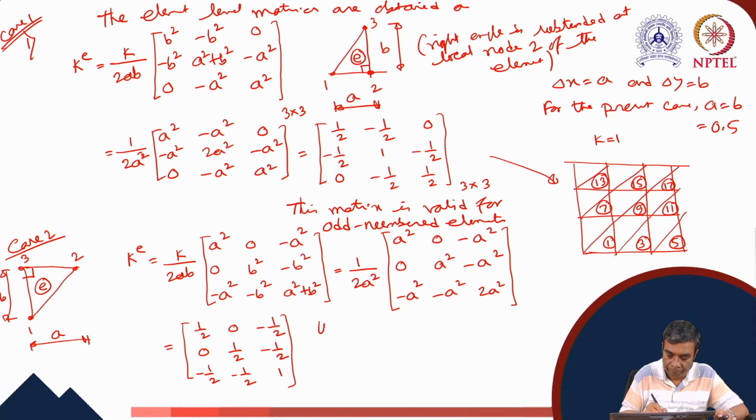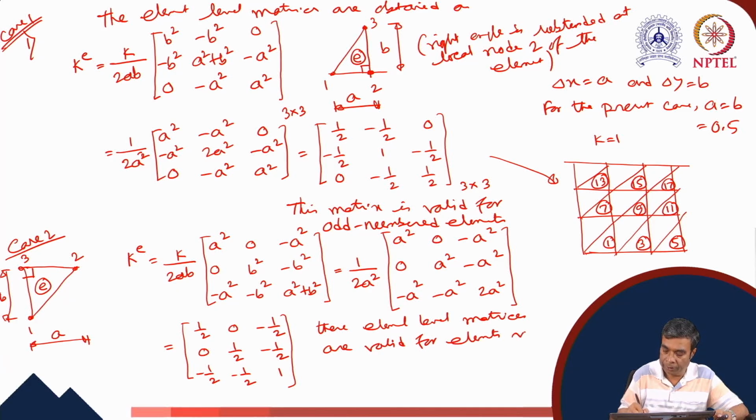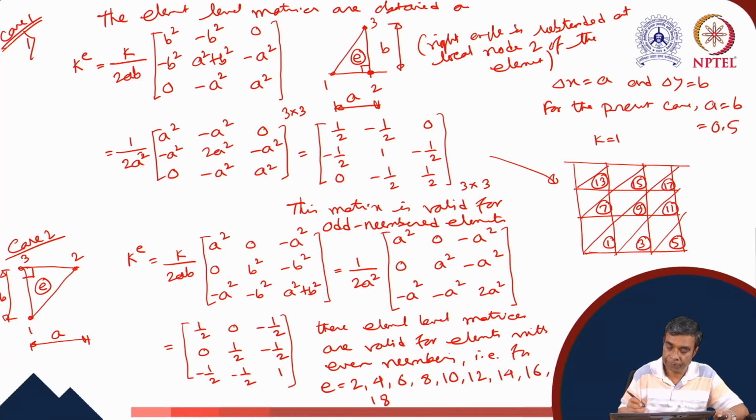So these element level matrices are valid for elements with even numbering, i.e. for E equals 2, 4, 6, 8, 10, 12, 14, 16 and finally 18.